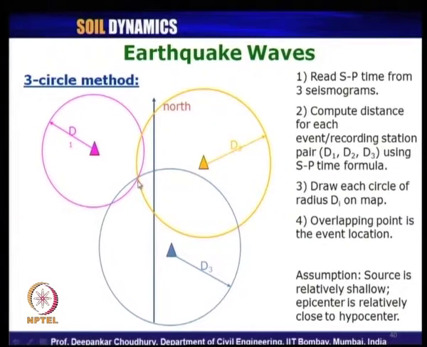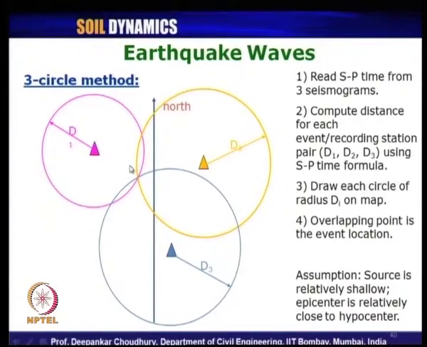And many a time it will happen that we may not get an exact overlap at a particular point, but we will fairly get a good idea of the common zone, the interface zone of these 3 circles, a very small common zone. If it boils down to a point, then obviously we got the exact location.